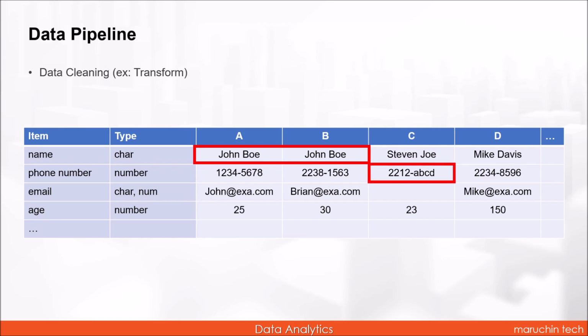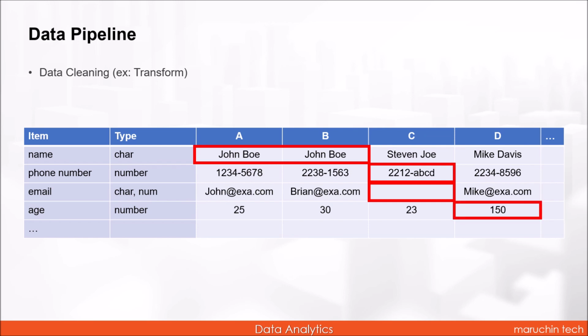And the phone number must be numeric, but alphabetic characters are mixed in. In the same way, correct them or remove them. And there is a space in the email address field. You can eliminate the space, leave it as it is, or replace it with another character.